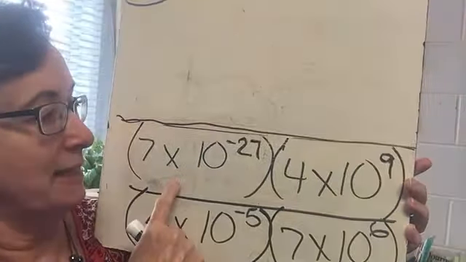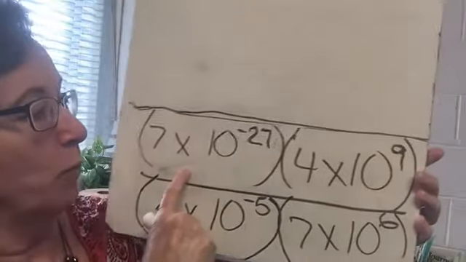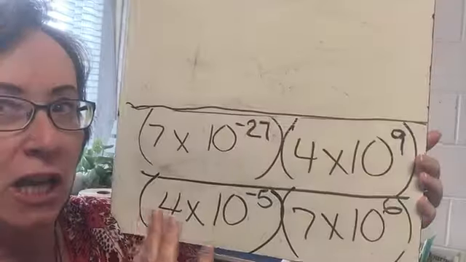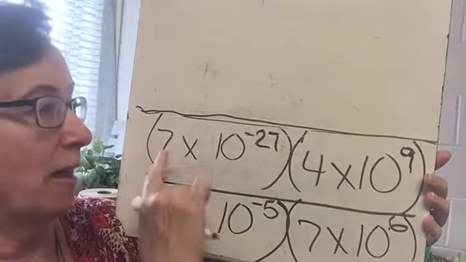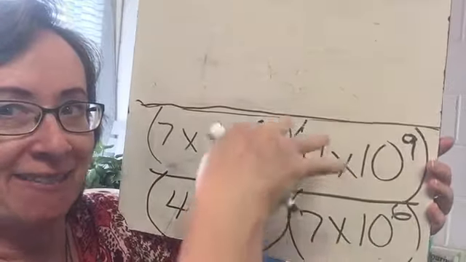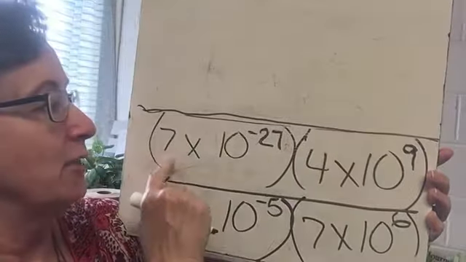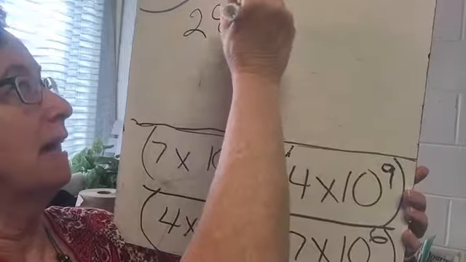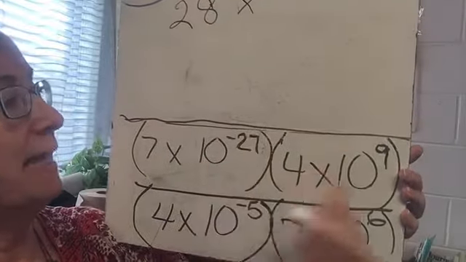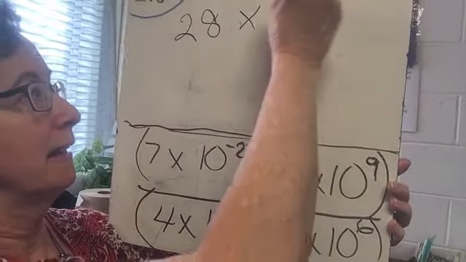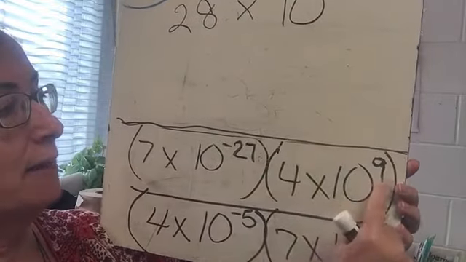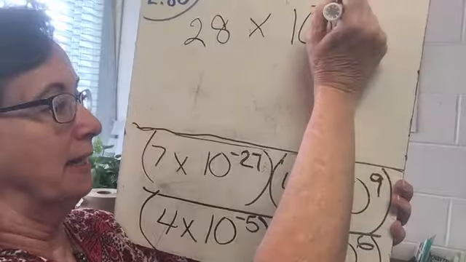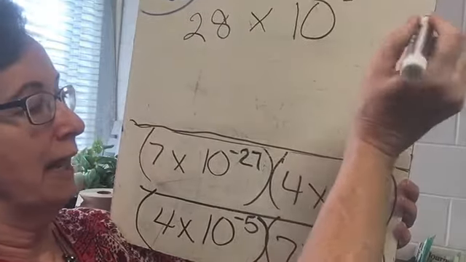Okay, so this one, we're going to go ahead and multiply them together so that we can follow the same procedure of across and then up and down. Okay, so 7 times 4 is 28 times 10 negative 27 plus a 9 is going to be a negative 18.